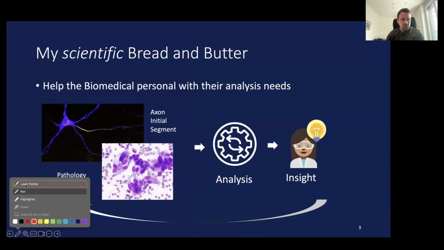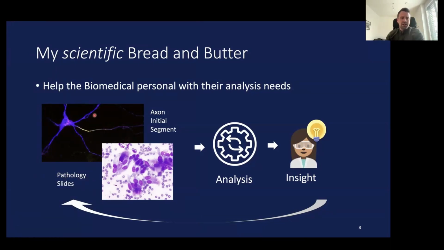Sorry. We work with preclinical data, mainly neuronal, as the Department of Anatomy is mainly invested in neuroscience. So we work with the axon initial segment, but that's not the topic of today. And then on my clinical side, I now work more and more with histopathological slides, like a cytology image.